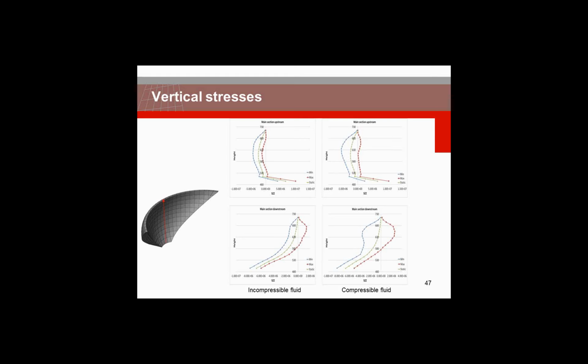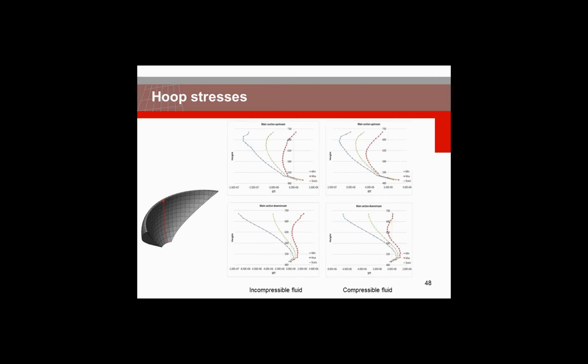And this is important to be taken into account. If we decide to just use an added mass approach, we are missing some additional vertical stresses that could be decisive in the design of our dam.